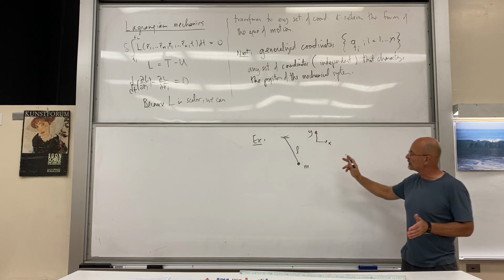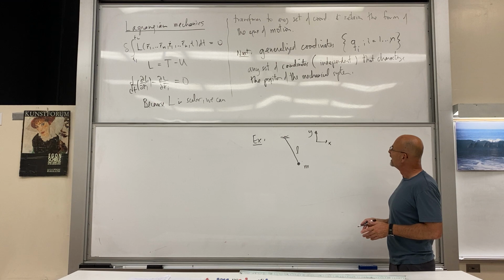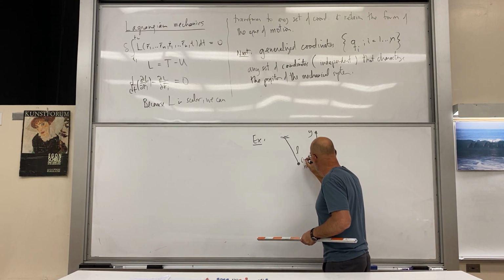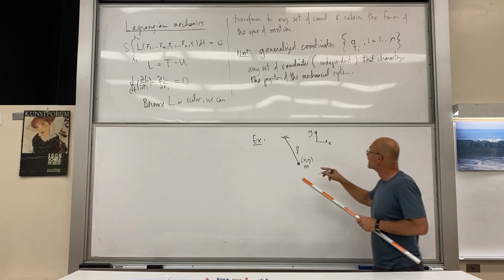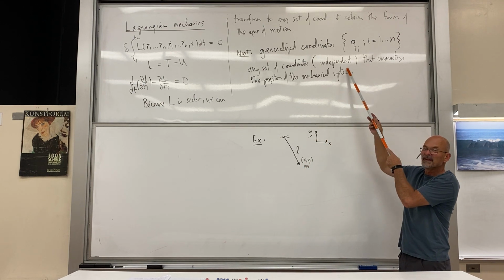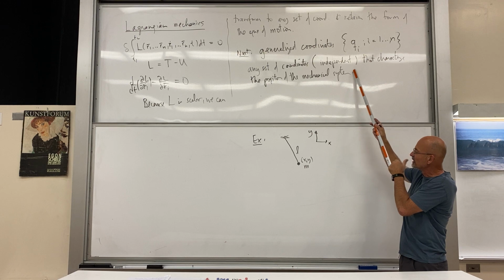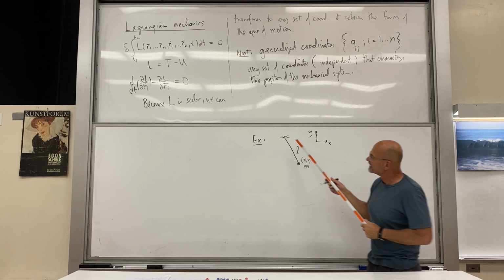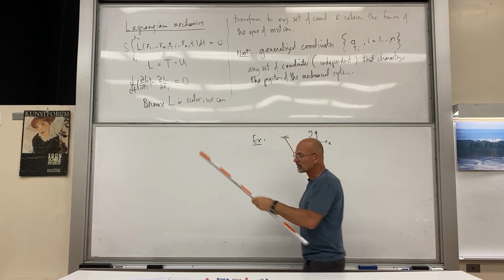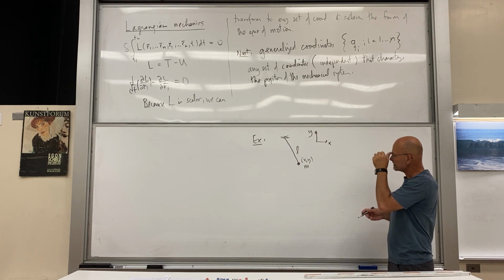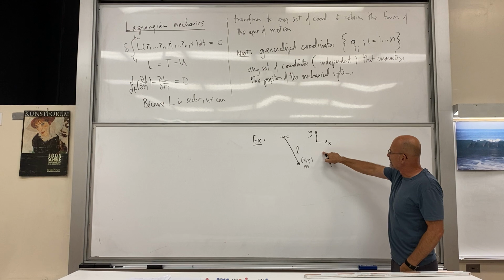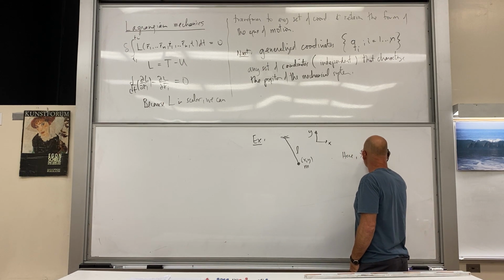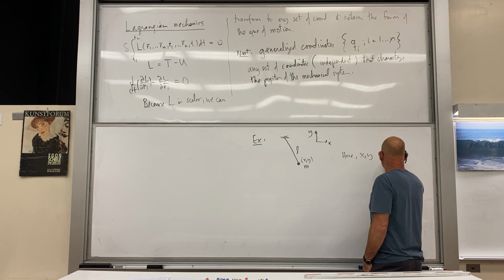A plane pendulum's in two space in the plane, but coordinates x and y that you could attach to this are not independent. So if we try to set up a Lagrangian for this thing, x and y, we'll actually violate the conditions that allowed us to get those equations of motion. Okay. So a generalized coordinate, so I'll just write here, x, y are not independent.